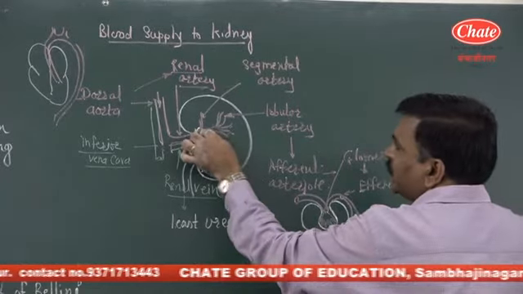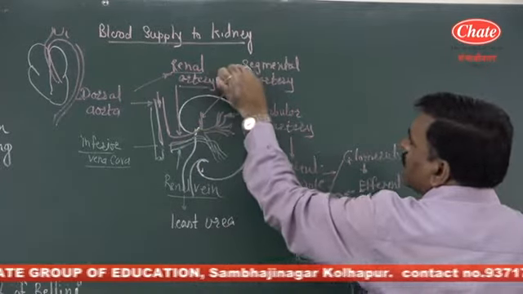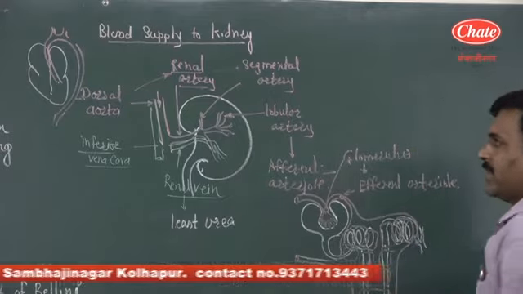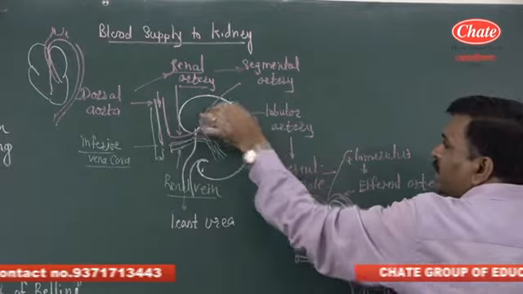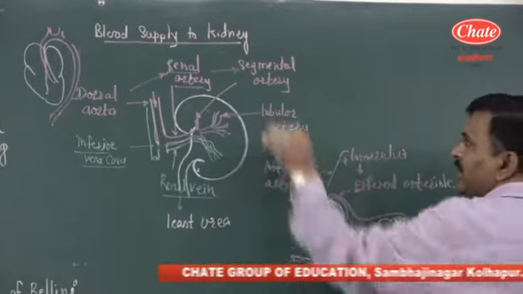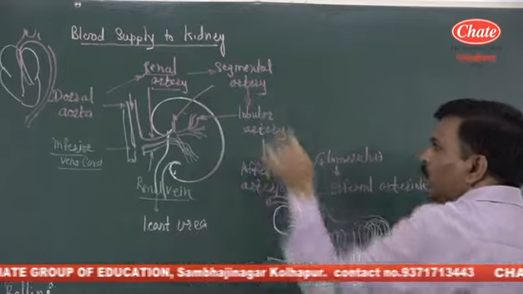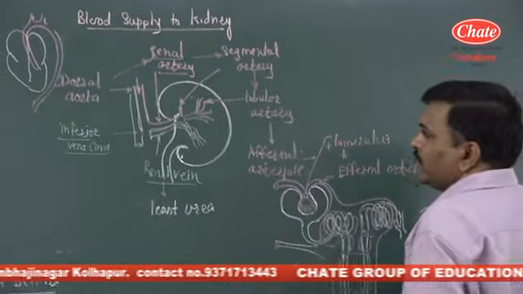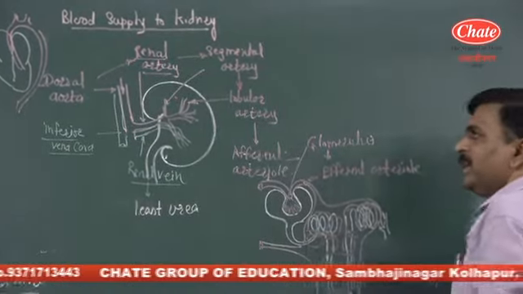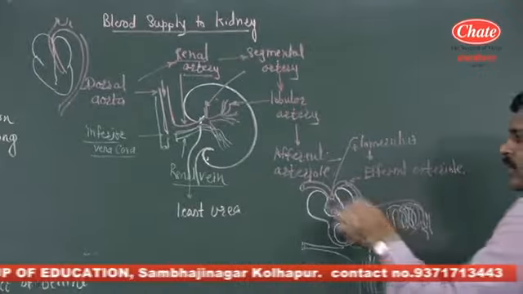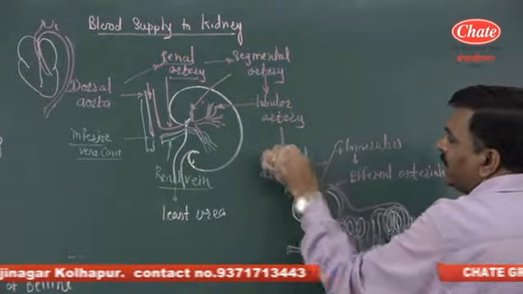When it enters the kidney, it divides and forms the segmental artery. When the segmental artery enters the pyramidal region, it divides into the lobular artery. This lobular artery supplies each and every nephron in the pyramids with the help of the afferent arteriole.